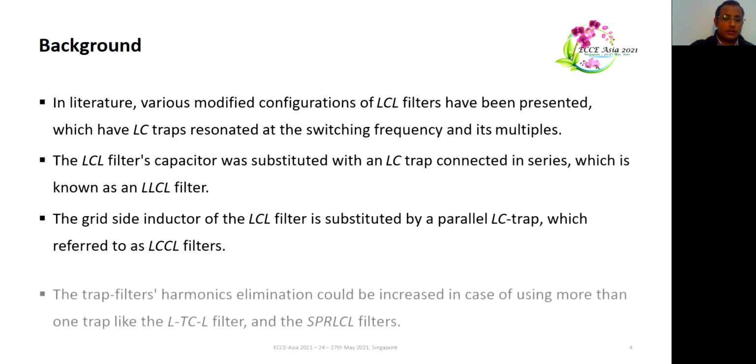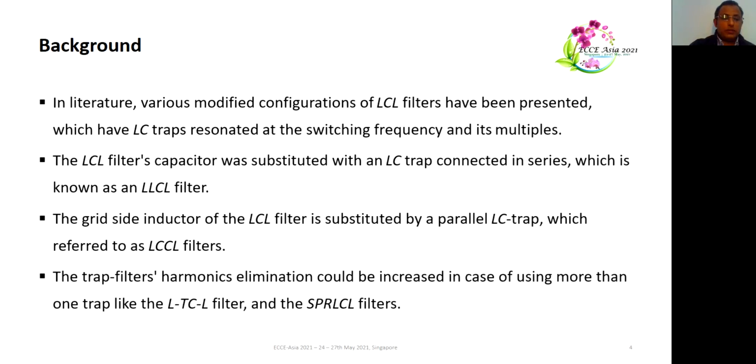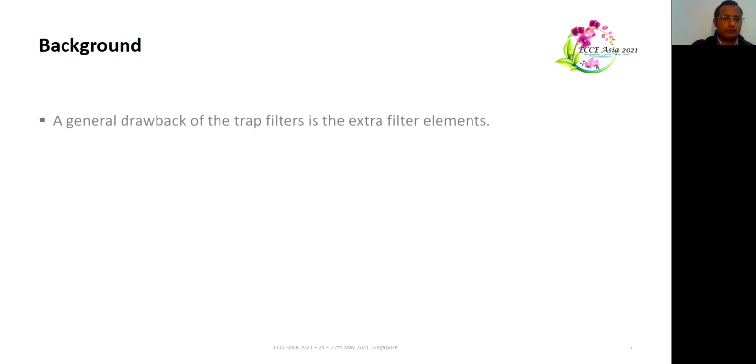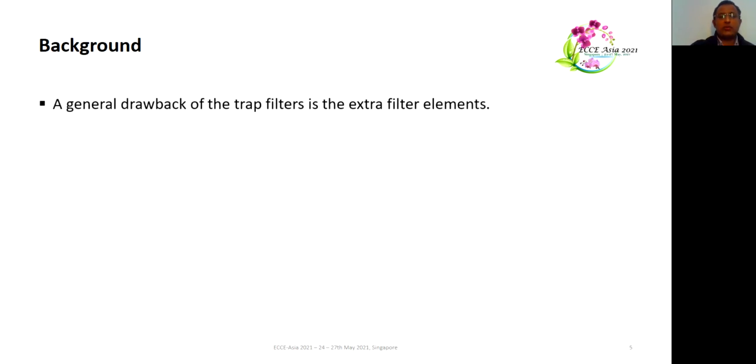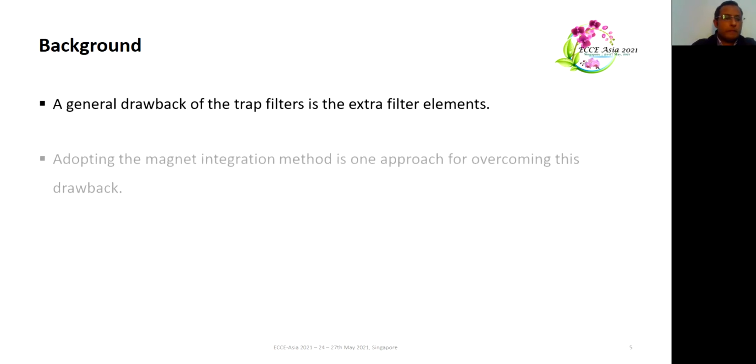LCCL filters. The trap filter's harmonics elimination could be increased by using more than one trap, like the LTCL and SPR-LCL filters. A general drawback of the trap filter is the extra filter elements.